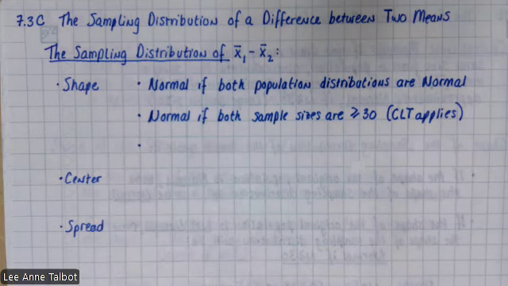So if it says the first population distribution is right skewed or left skewed or bimodal or something weird, but the sample size is 40, you're good.